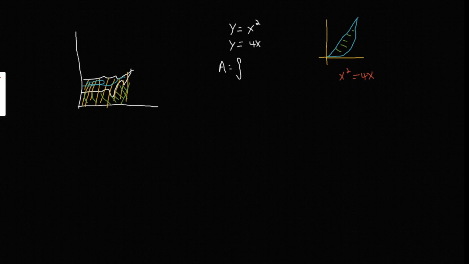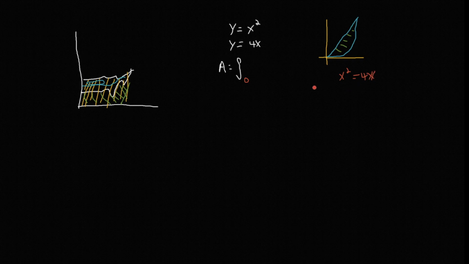So we can divide by x on both sides, assuming that x is not equal to 0. But we have to think about that. If x is 0, they're both 0. So 0 is a bound of integration. They intersect at the origin.